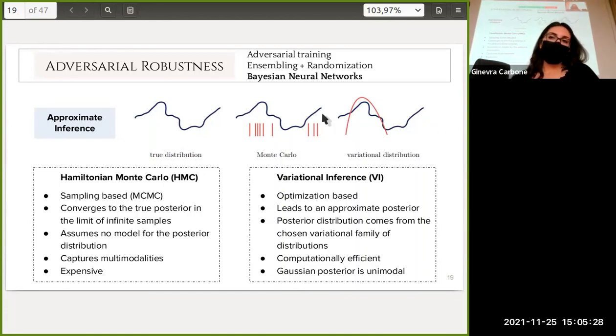And for example, usually it's a Gaussian distribution. And this technique is very efficient, but of course, if we choose a family of Gaussian distributions, the posterior is unimodal. So in our experiments, we are using both of them because they have different drawbacks. And of course, variational inference is more efficient, but also less reliable in general.